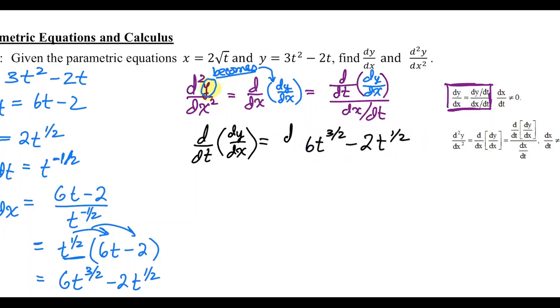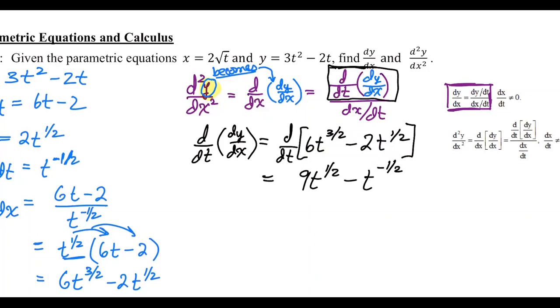The derivative with respect to t of that, which will then end up being 9t to the 1/2 minus t to the negative 1/2. All right, so that's the top part. So that's this part right here. The dx/dt, there's no mystery there. We already have that.